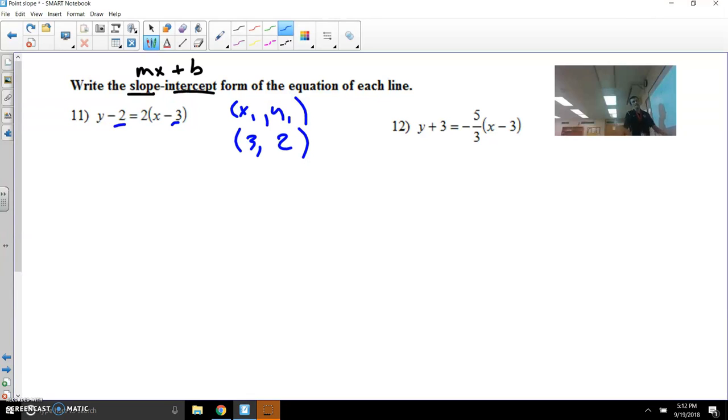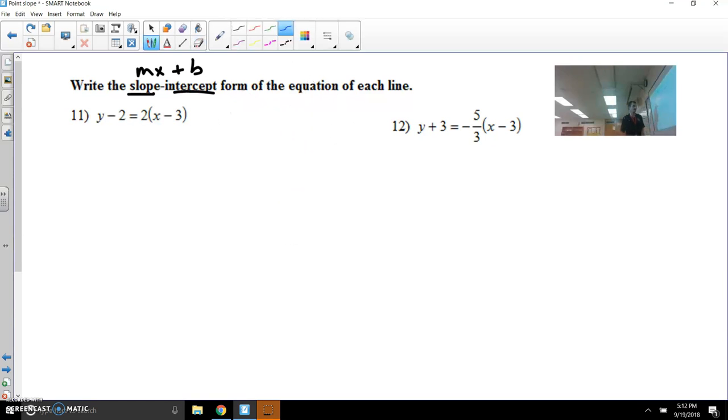Remember that the signs are not the same in the points because in the equation it's a minus. It looks like they're negative, but they're really positive. And the slope there is 2. That's not important for this question, but it will be important for other questions.